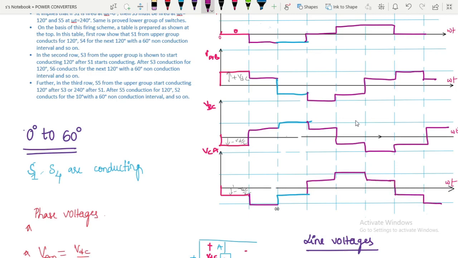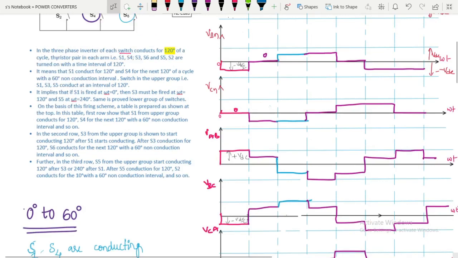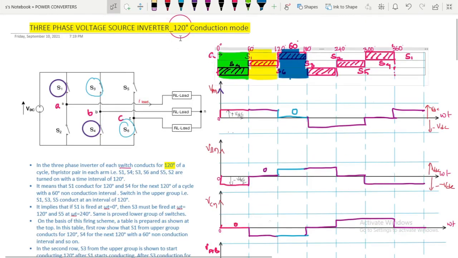Okay, so these are the waveforms for the 3-phase voltage source inverter for 120 degrees conduction. We had seen the 180 degrees conduction mode, now we have seen the 120 degree conduction mode. So this is about 3-phase voltage source inverters. I hope you understand. Thank you.